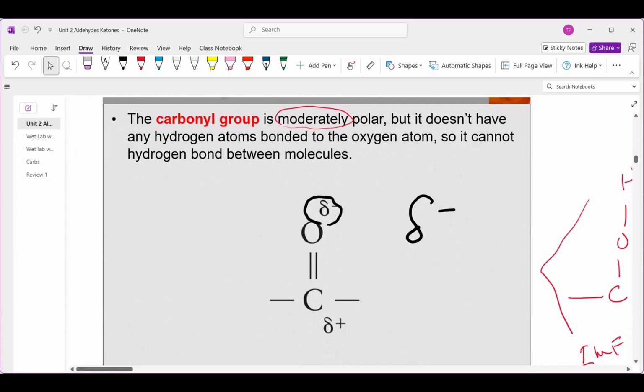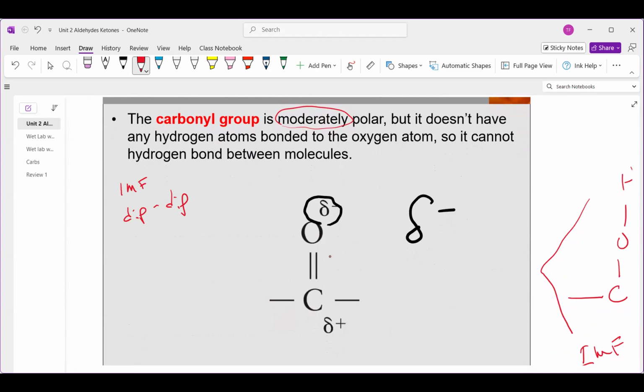Now, carbonyl group is going to have intermolecular forces of dipole, dipole only. For alcohols, there's an H attached to the O, so it has hydrogen bonding.